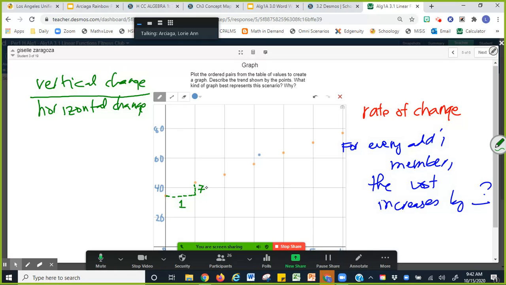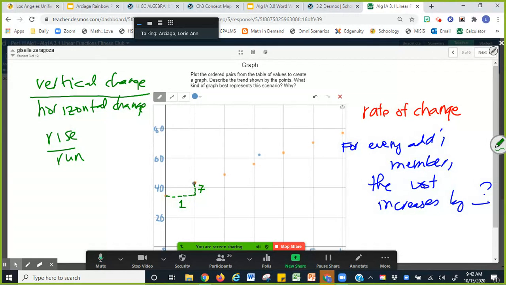So in the graph, there are 7 units in the vertical change, while there is 1 unit for the horizontal change, right? Okay, so I don't know if you remember that in middle school. Remember your rise over run? That's the same thing as what we're doing now. So the ratio between the vertical and the horizontal changes is actually 7 over 1, or 7, because 7 divided by 1 is 7.